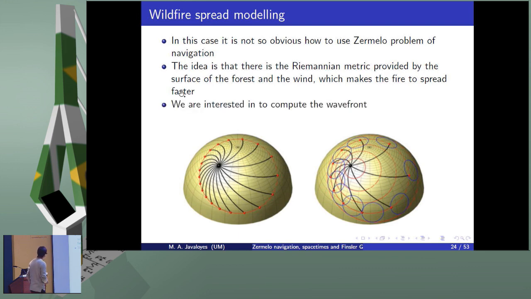So what you do is to compute the geodesics for the Zermelo metric. And, well, you are interested in the wavefront. But in order to compute the wavefront, you need to compute the geodesics in all the directions. So maybe this is the source of the fire.